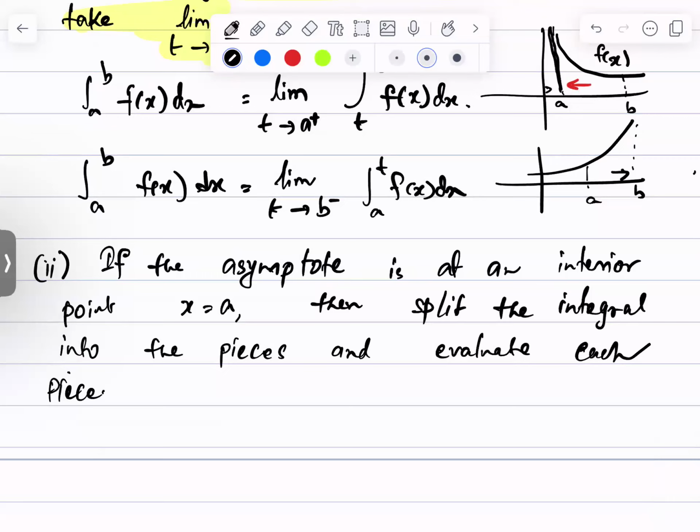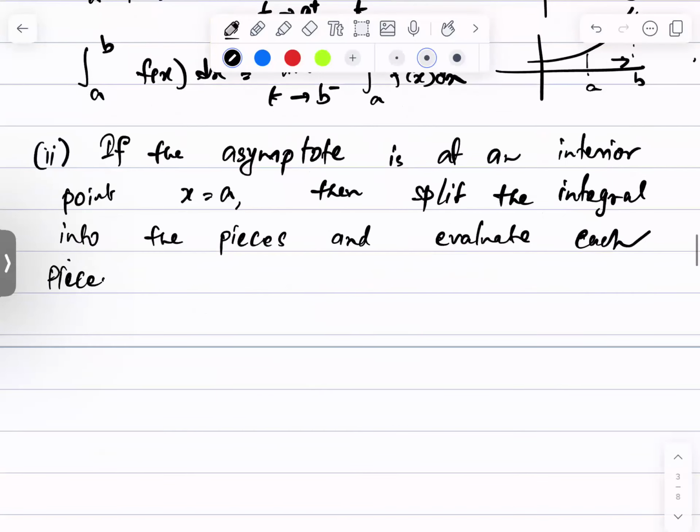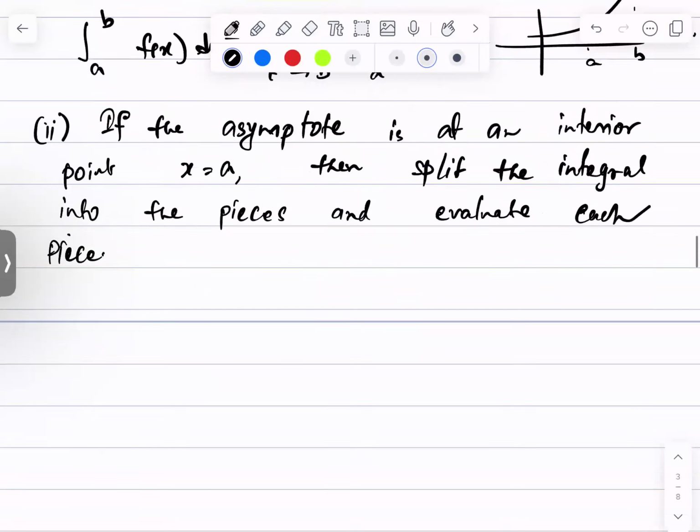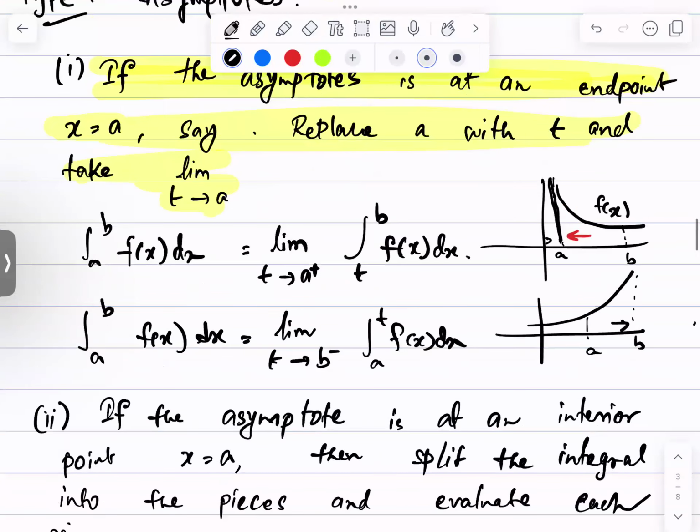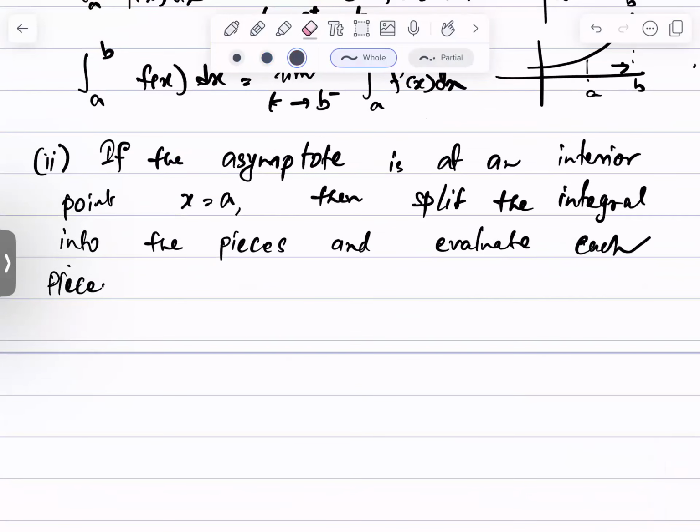And type 2, I mean the other type of vertical asymptote that you might encounter, is when the asymptote is not exactly at one endpoint. It might be in between the interval somewhere.